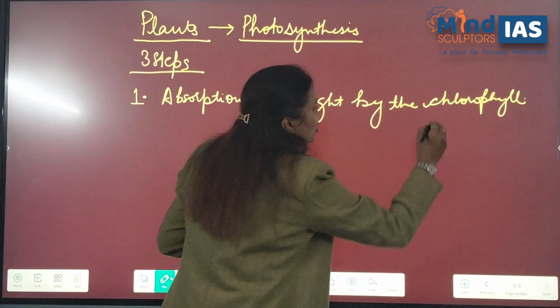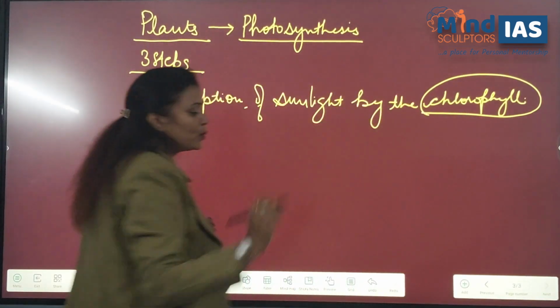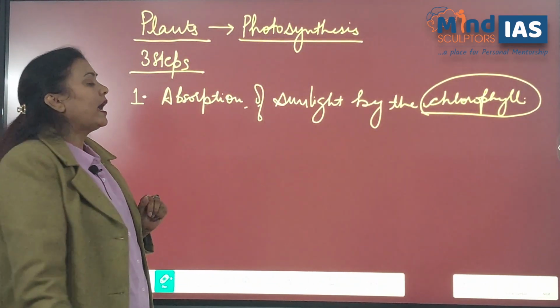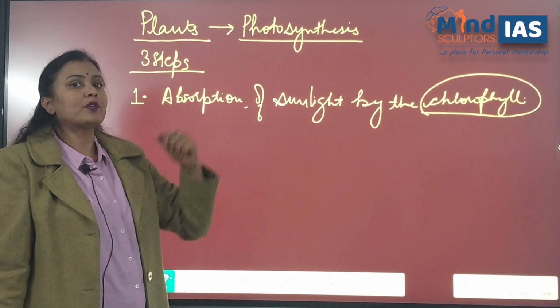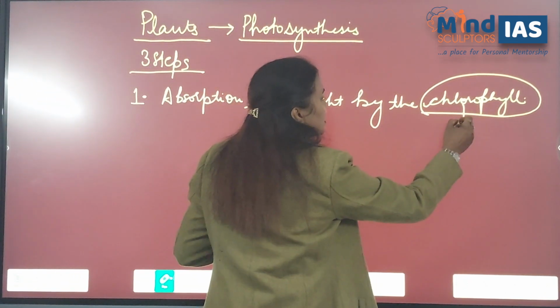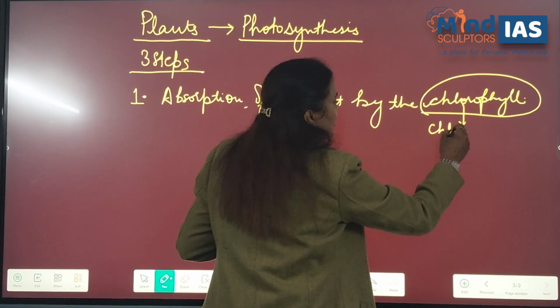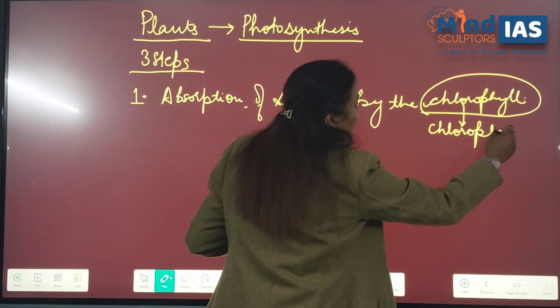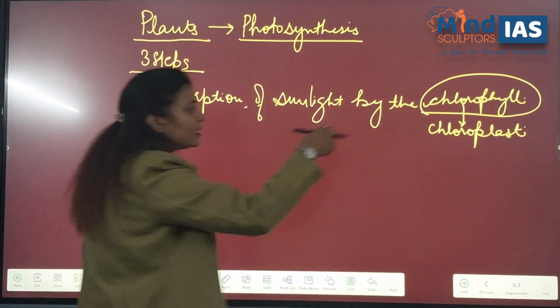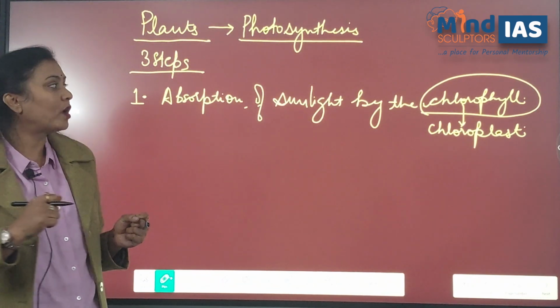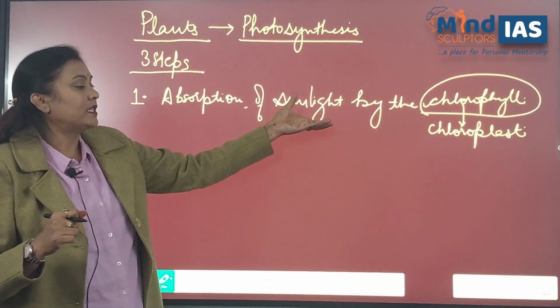This chlorophyll is a green pigment which is present in the plant. And if the question comes that in which cell organelle chlorophyll is present, chlorophyll is present in the chloroplast inside the cell. And this is the green pigment which can absorb the sunlight.